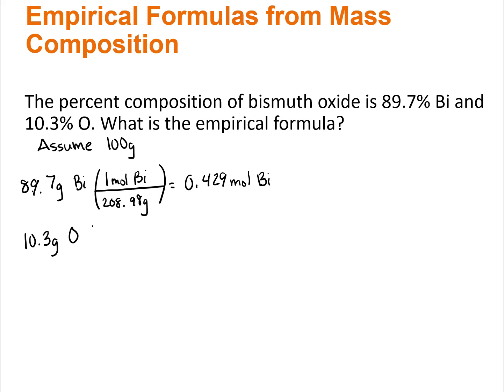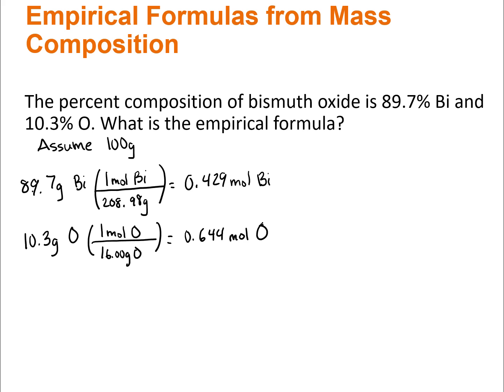We can calculate the moles of both of those. So I'm going to guess that everybody was able to do that part.